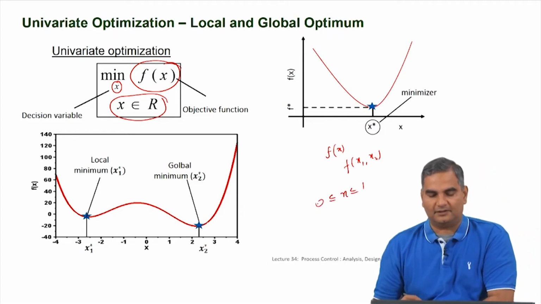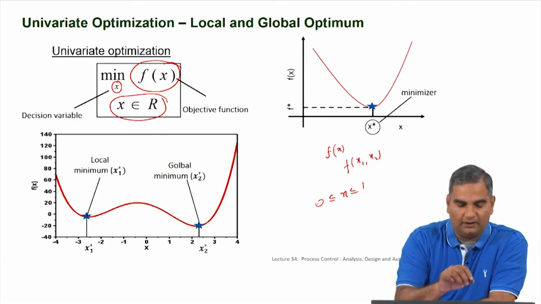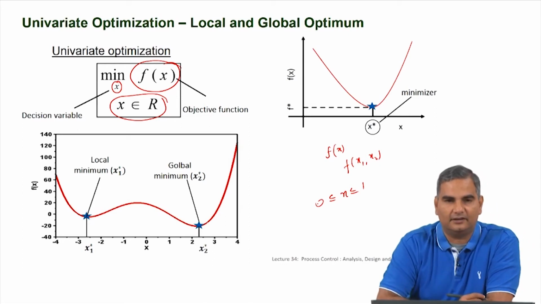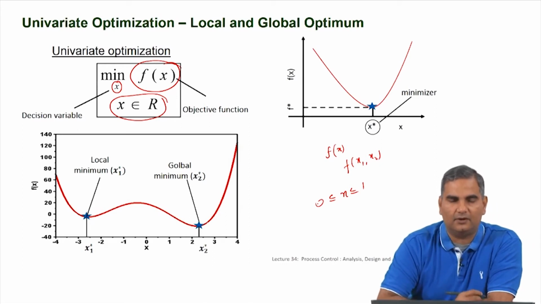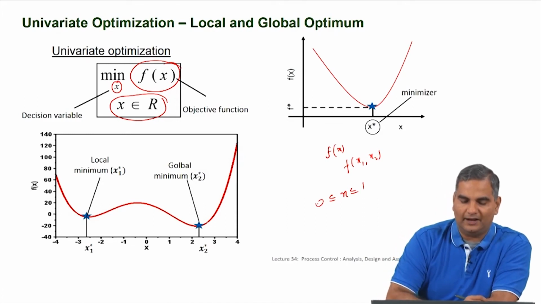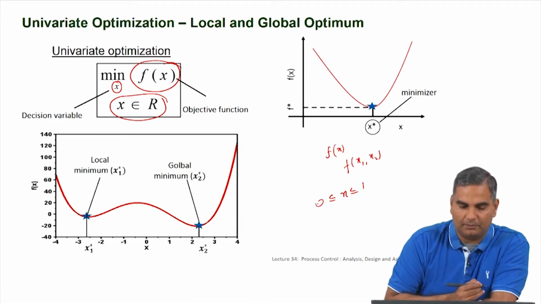This could be a constraint. As I said before, the constraints are written in terms of the decision variable or functions of decision variables. Both are possible.